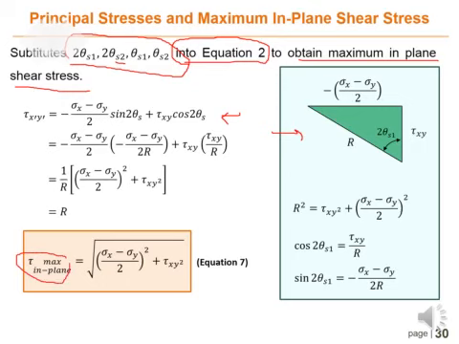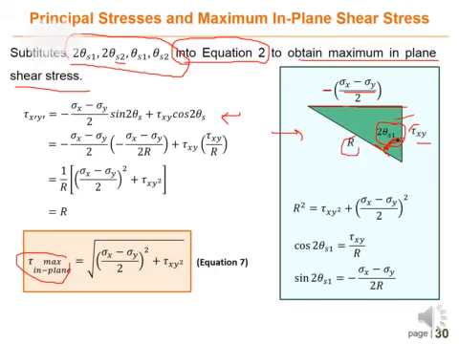Okay, so we have this triangle, and we have negative sigma x minus sigma y over 2 here, and tau xy here, and the angle from the tau xy axis to the inclined plane is represented by 2 theta s1.